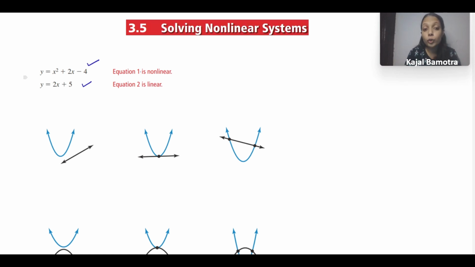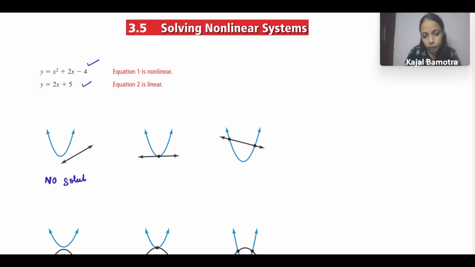And how to solve a system of two equations in which one is linear and one is nonlinear? If you check by graphing and the graph is like this, the two graphs are not intersecting. If they are not intersecting, I will say no solution.